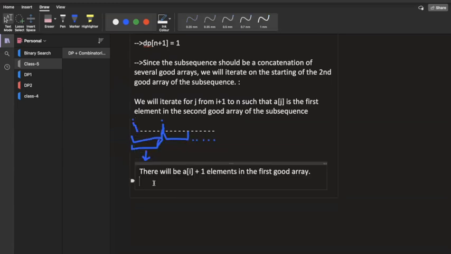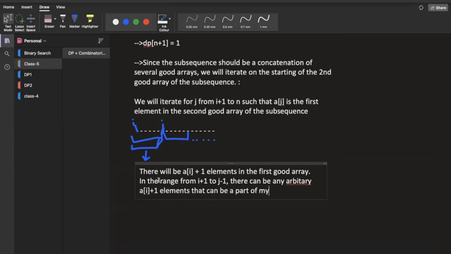So that means that in this range from I plus 1 to j minus 1, there can be any arbitrary number of a of I elements that can be a part of my subsequence, right?